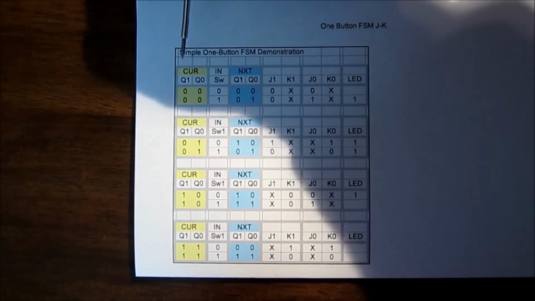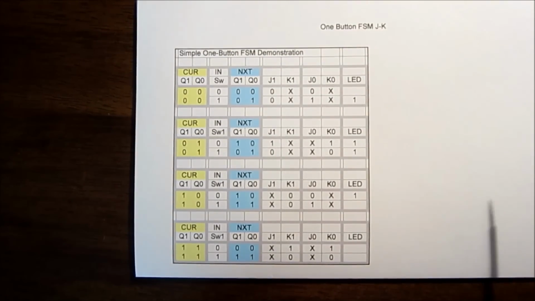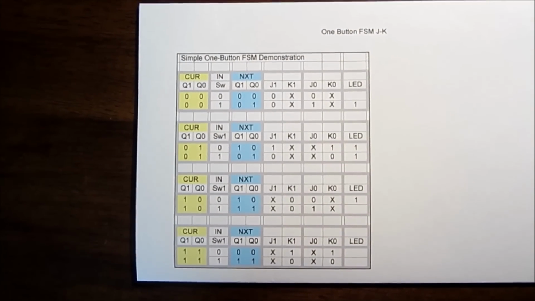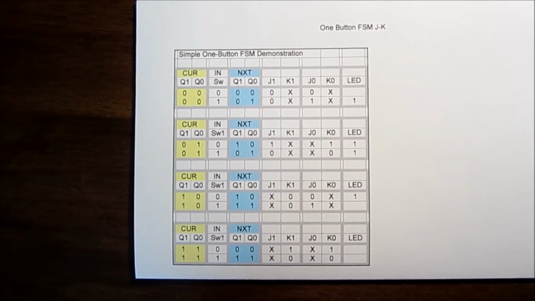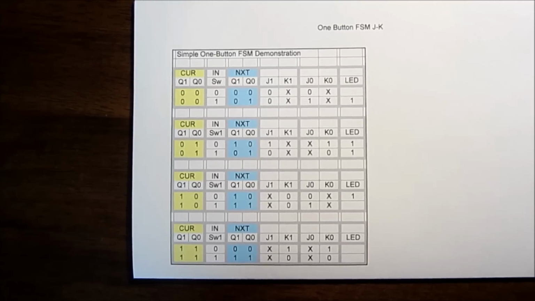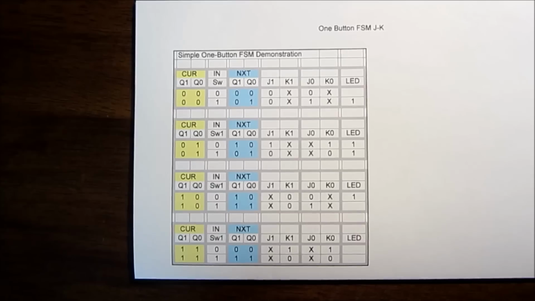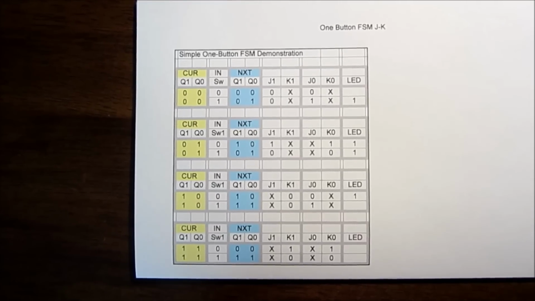So what we do here, understanding the way the JK flip-flop works, is define whether the J and the K inputs should be addressed with a 1, a 0, or whether we don't care.